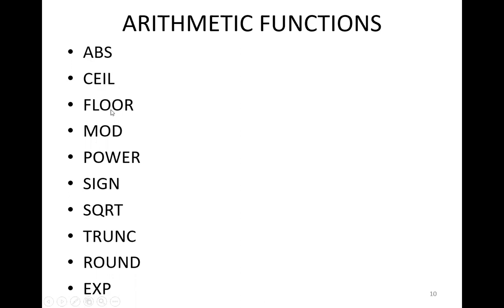Ceil, floor, all these functions are available in C++ also, right? So how to use these functions? Let's now discuss that. We have the absolute value function, the ceil function, floor function, mod, power, sign. All of these functions do some functionality. Let's work with these functions in our SQL, right?